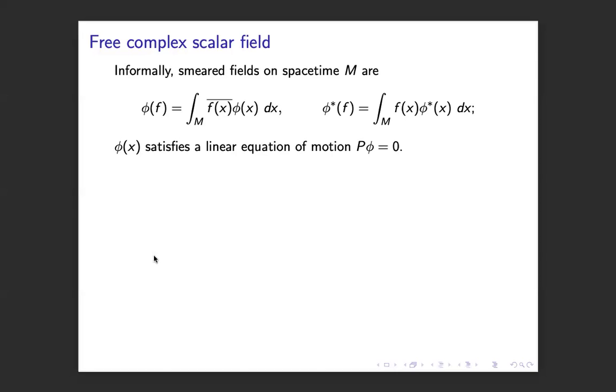It's a complex field, so it's not self-adjoint. We also have phi star of x. And we look at smeared fields, which we think of as this field integrated with some kind of test function over all of spacetime. And this field is supposed to satisfy a linear equation of motion, P phi equals 0.